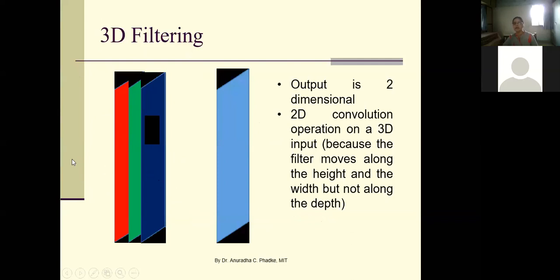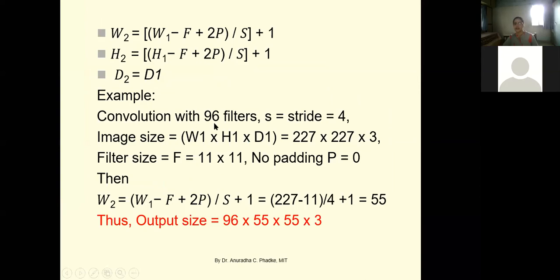So effectively your image depth will be multiplied by 96, because in the example it is mentioned that there are 96 convolution filters. Getting this? So the resultant output size will be 96 multiplied by 55 multiplied by 55 multiplied by 3. Okay, so are you getting this?